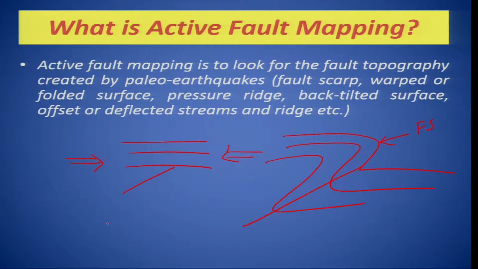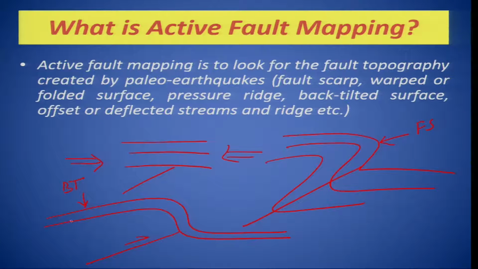And in some cases, what we have seen mostly is that the surface, this is the surface, will be like this. So, there is a fault plane here which has moved like this. This is what we call back tilting.